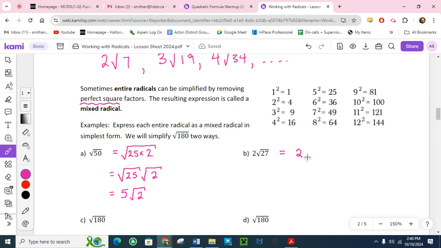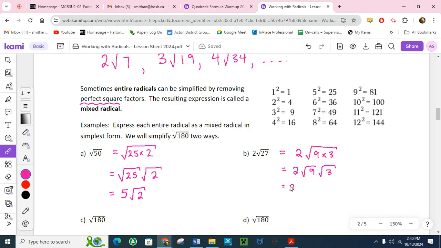So check this out, guys. We can write 27 as 9 times 3. Why would we do that? Because 9 is a perfect square. And we can rewrite this as 2 times the root of 9 times the root of 3, using that cool rule we saw in the front. The root of 9 is just 3.